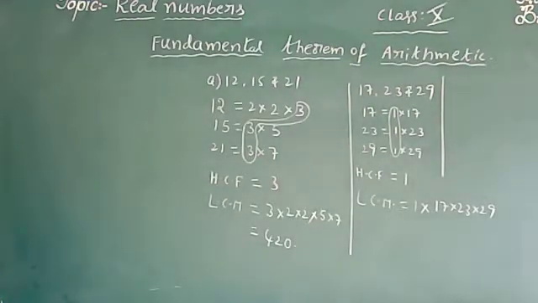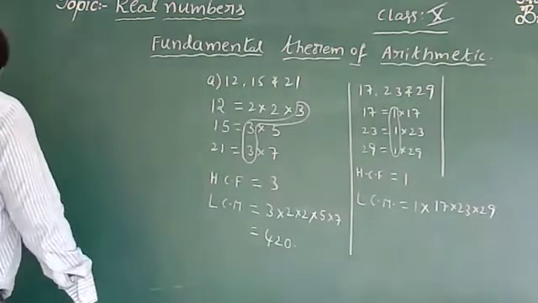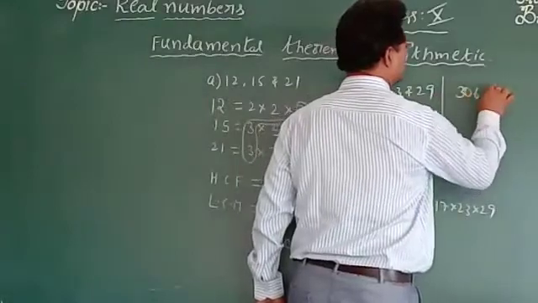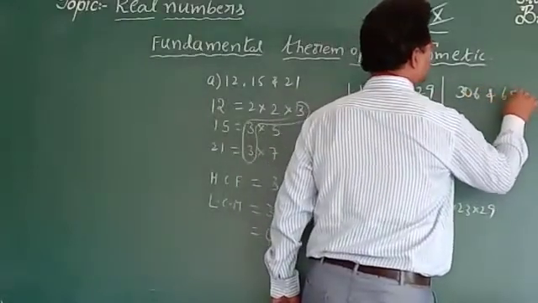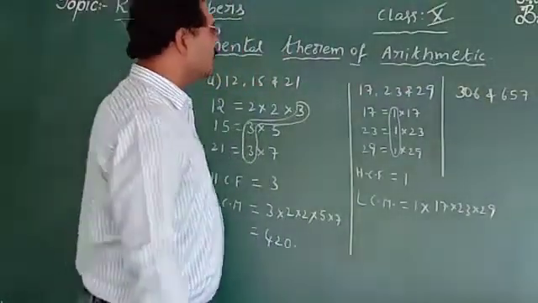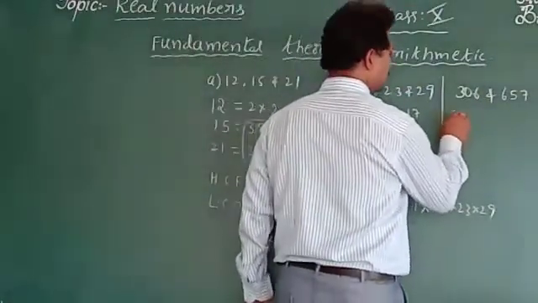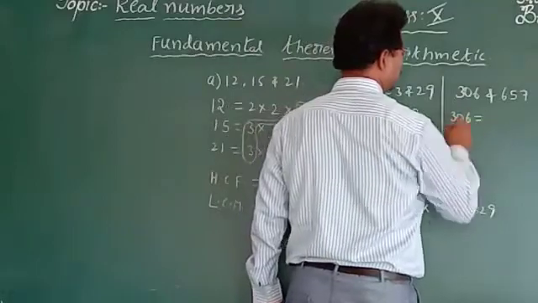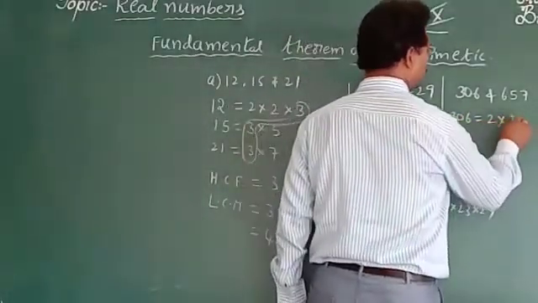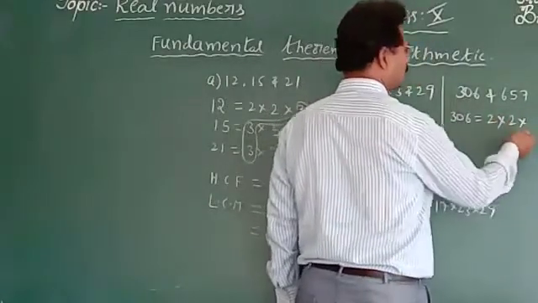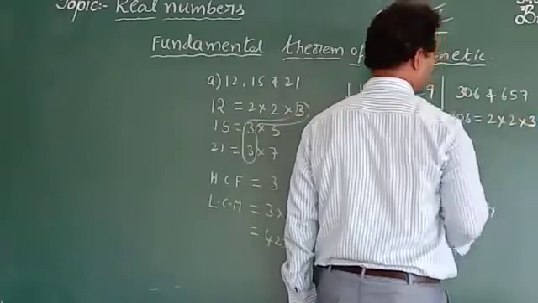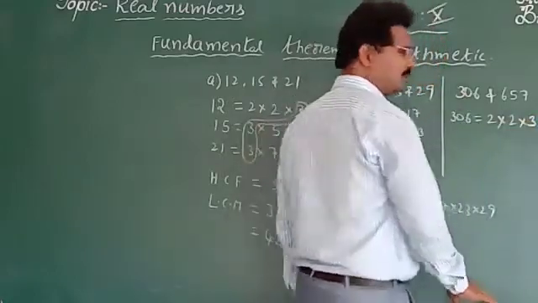This is also easy to do. 306 can be written as 2 into some... 2 twos are 4, 4 twos are... 4 threes are 12. Just stop there.